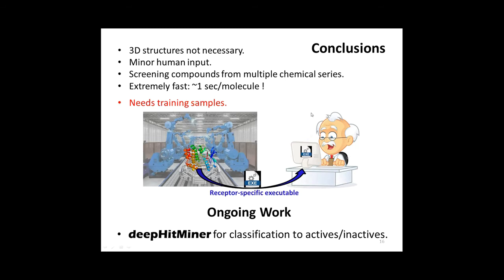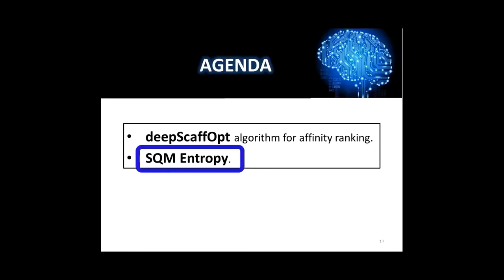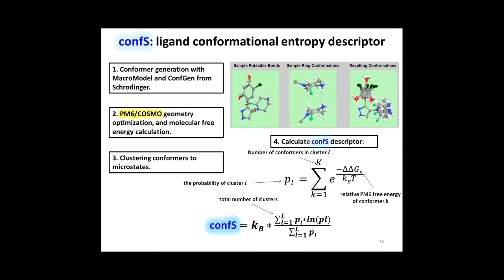So to close the first part, DeepScaffold does not require a 3D structure, needs minor human input, and you can screen quite structurally diverse compounds. It's extremely fast. It takes about 1 second per molecule. However, you need to have training samples like every machine learning algorithm. The future plan for DeepScaffold is to engineer a receptor-specific executable upon request and give it to the user in order to screen super fast, rank super fast, hundreds of molecules.